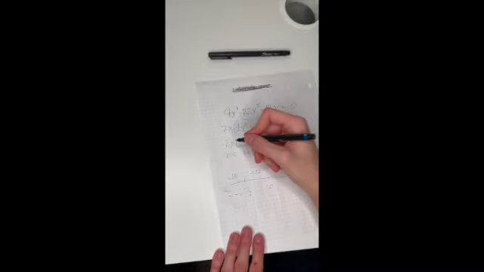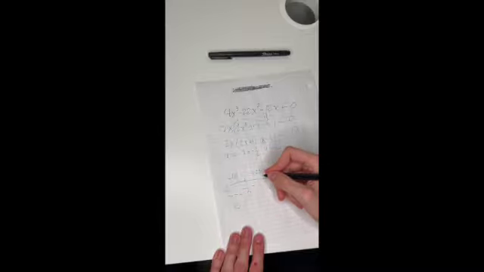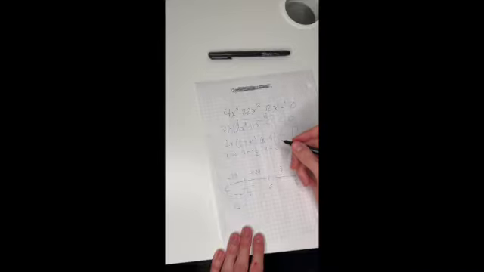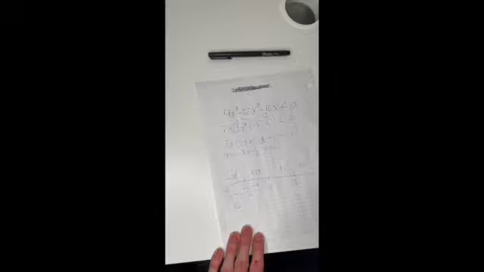Negative 0.25 put in here is going to give us a negative. Negative 0.25 times 2 plus 1 is going to be positive. And negative 0.25 minus 6 is negative.